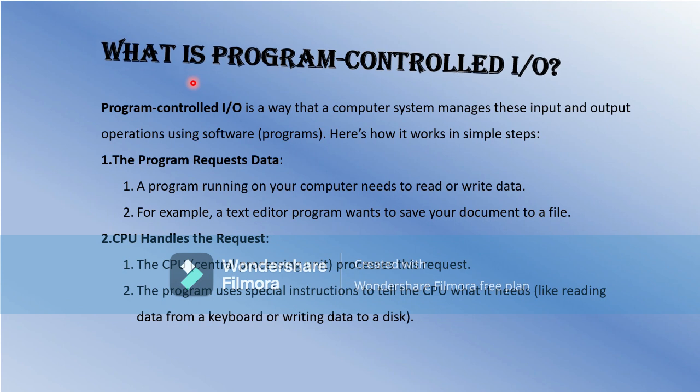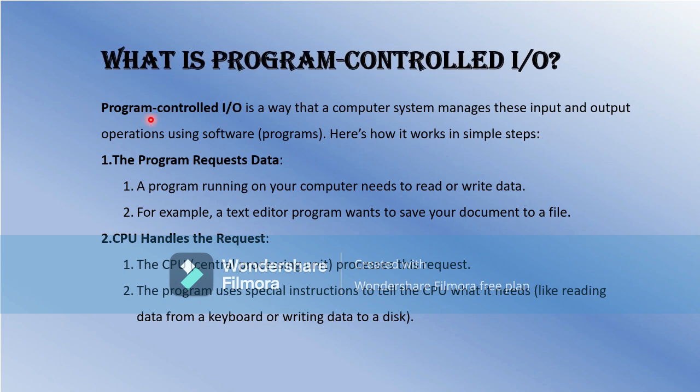The next one is, what is program control input and output? Program control input and output is the way that the computer system manages these input and output operations using software. Let's break it down step by step. The first one is the program requests data. A program running on your computer needs to read or write data. For example, imagine you are using a text editor and you want to save your document.